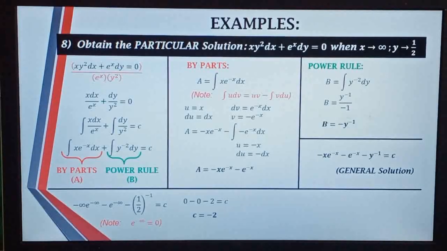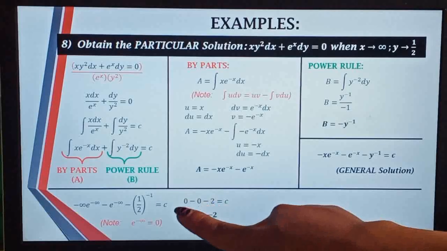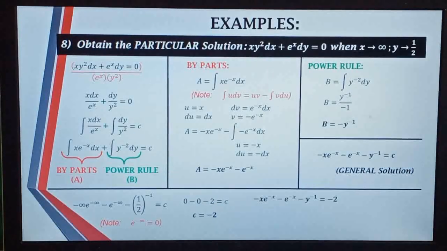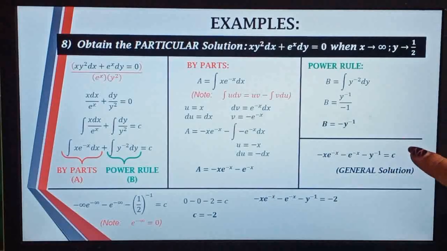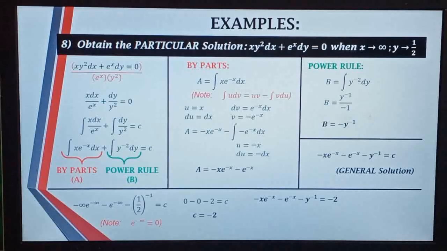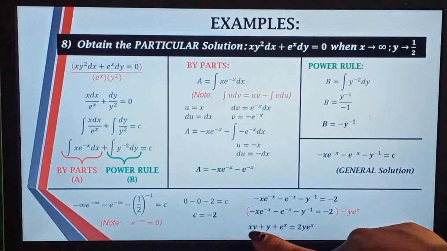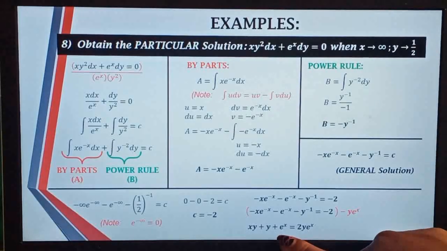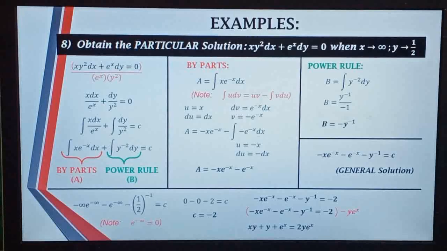Then for the particular solution, you have to substitute c kay general solution. So substitute lang natin si c kay general solution. You have negative x e raised to negative x minus e raised to negative x minus y raised to negative 1 equated to negative 2. Then simplifying the equation by simply multiplying it sa negative y e raised to x, ang mangyayari na ngayon, we will now have an equation of xy plus y plus e raised to x equals 2y e raised to x.